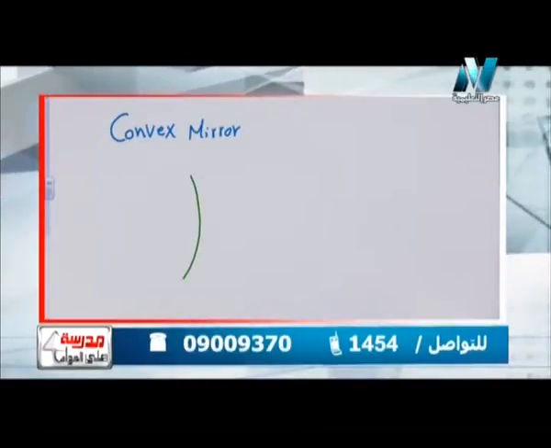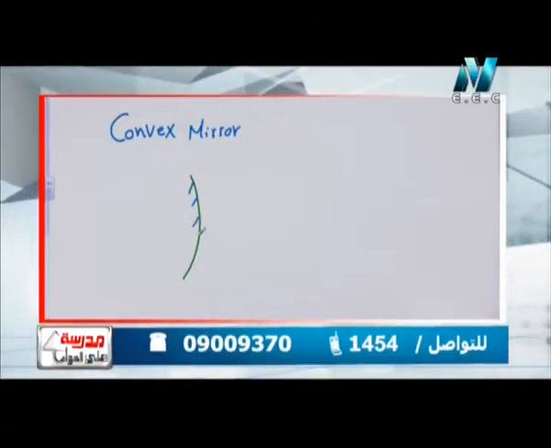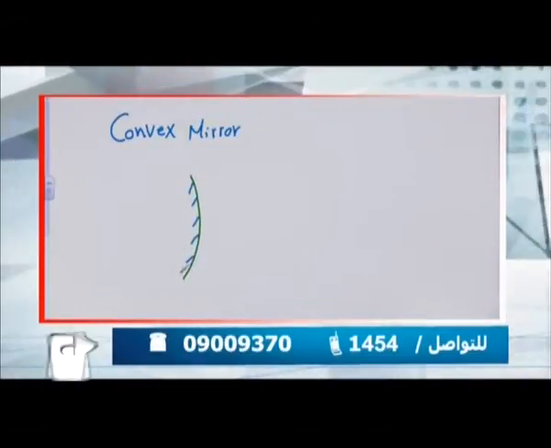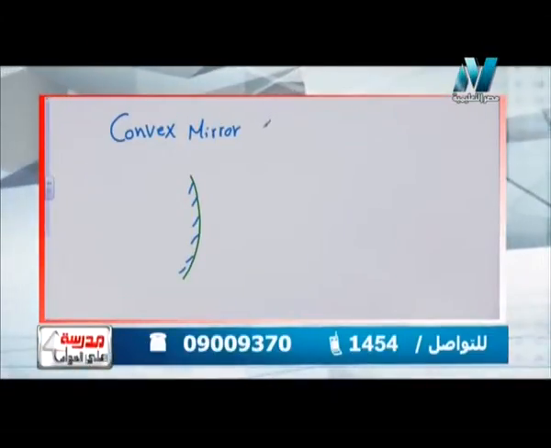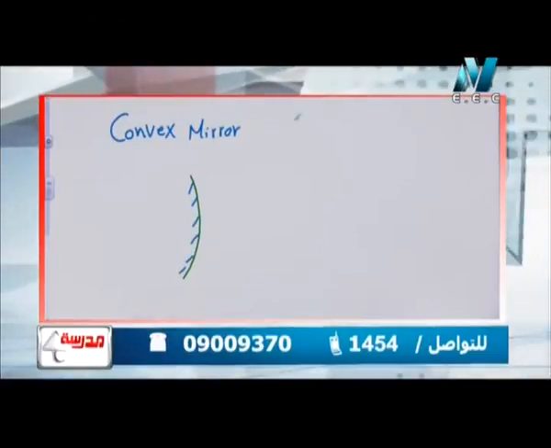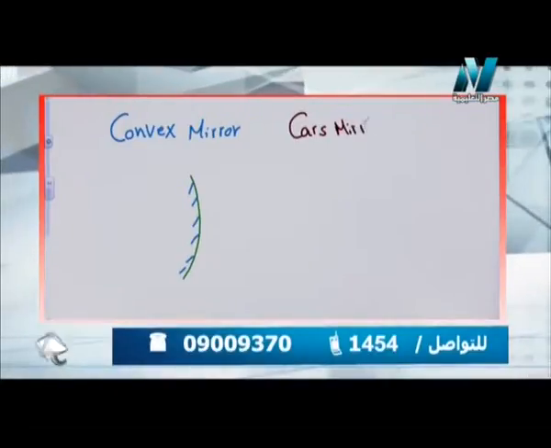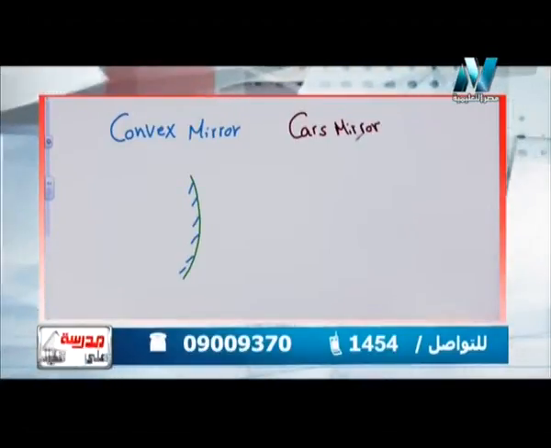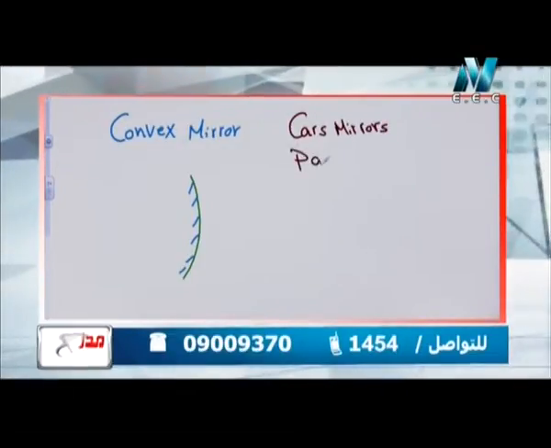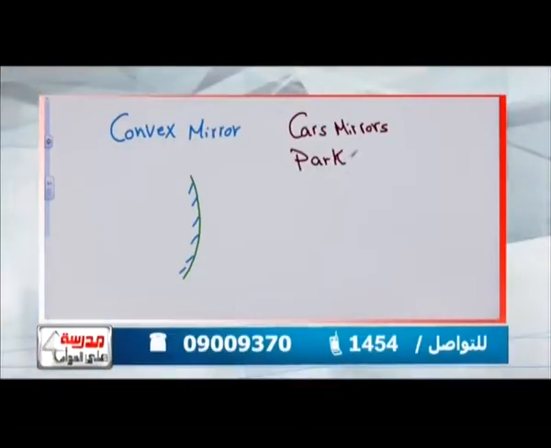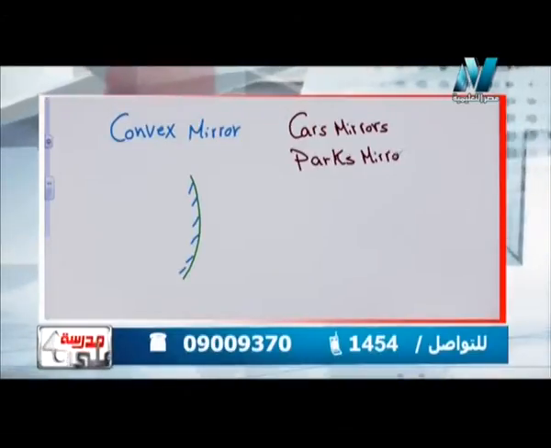So we should make the shaded area at the inner part like that, and the outer part is the reflecting surface. So a convex mirror is used in what? بستخدمها فين? Used in cars mirrors, بستخدمها two sides car mirrors, and parking mirrors, المرايات اللي بتبقى موجودة في the garage.